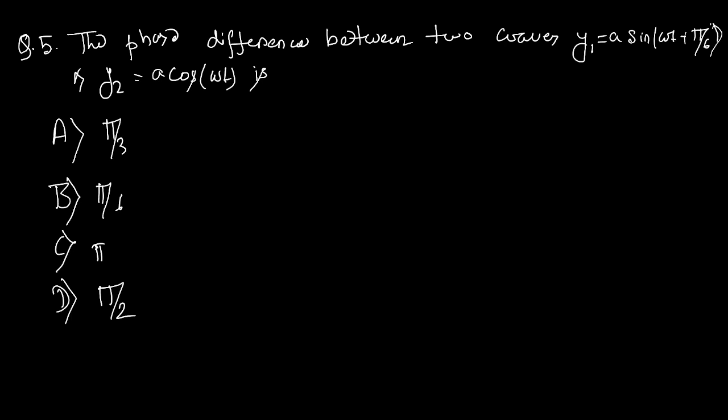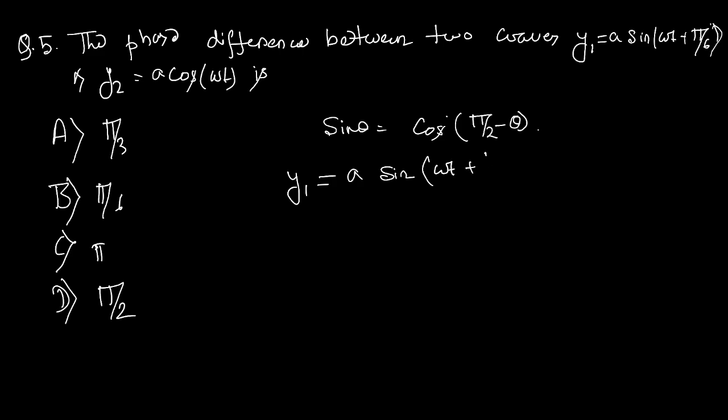So what we know here is that sin theta is cos of 90 degrees minus theta. So y1 can be written as A sin(omega t plus pi by 6), which is A cos(pi by 2 minus omega t minus pi by 6).